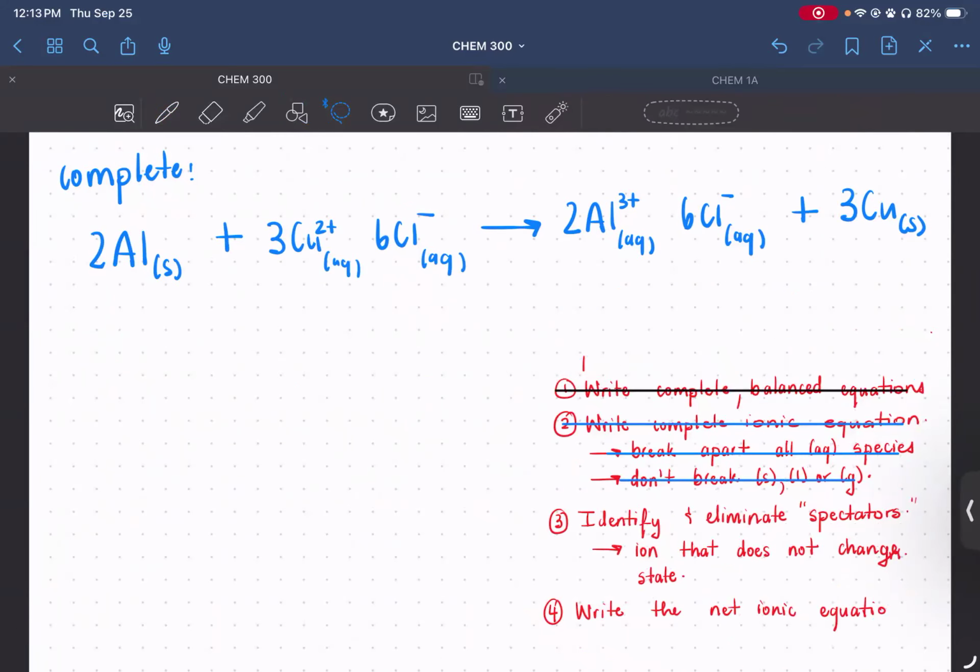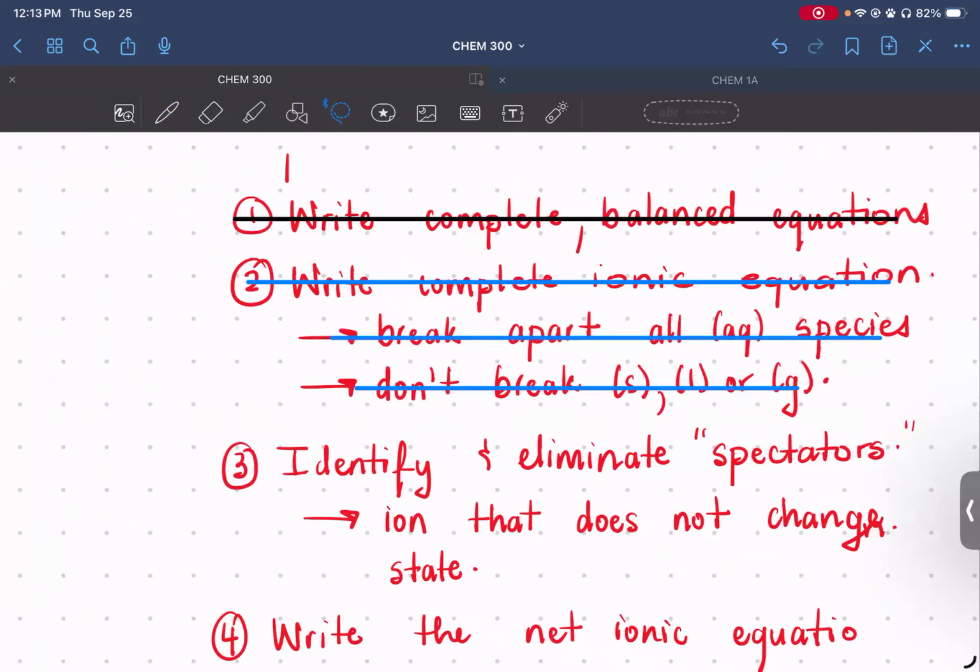The next step says to identify and eliminate spectators. These are ions that do not change state over the course of the reaction. Now, the reason they're called spectators is not a coincidence. I liken them to the audience at any sort of athletic game.